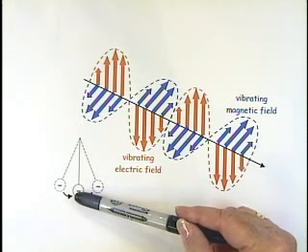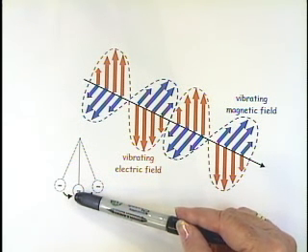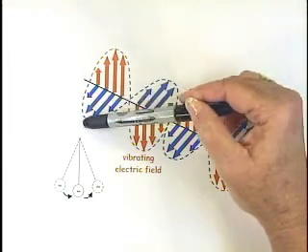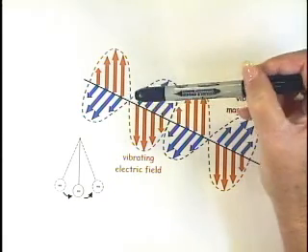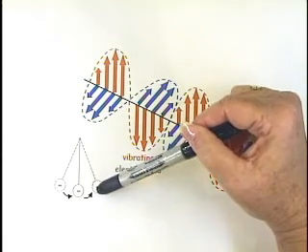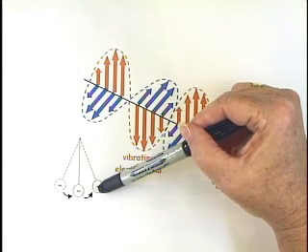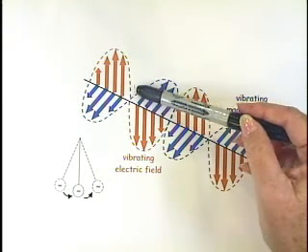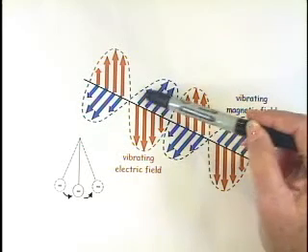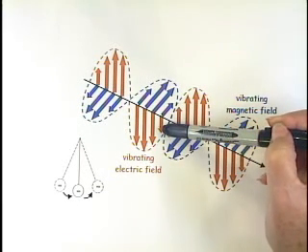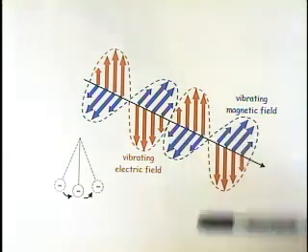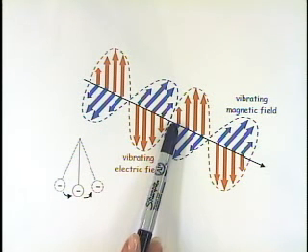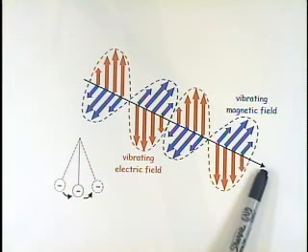At this point, our charged particle starts to slow down, and so the magnetic field begins to collapse, and so does the electric field. And so both fields are 0 at this point in the vibration. Then our charged particle changes direction, and the same thing happens at right angles to the way it happened before. As our charge vibrates back and forth, an electromagnetic wave propagates or moves on its own through space.